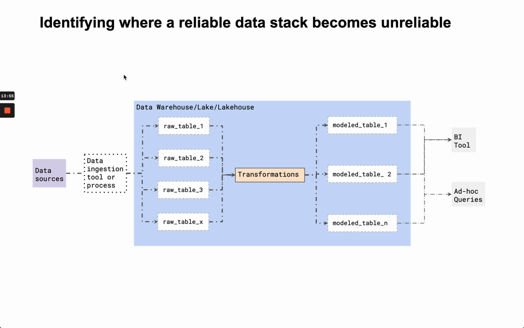And from there, the data sources will be loaded into the data warehouse, lakehouse, centralized storage, whatever you prefer to call it, in its rawest format, depending on what export options are available in the data sources, like an API or an ODBC driver. And then the data gets manipulated, transformed into tables fit for business consumption, either, in this case, directly going into the business intelligence tool and dashboards and reports, or just in ad hoc queries by the analysts.